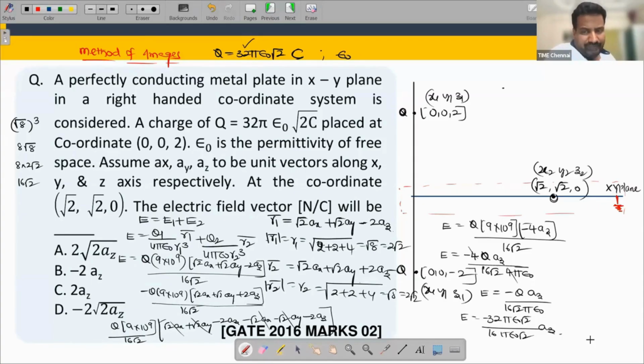Is there a term that we are missing? Is there any other term that we are missing? Check.